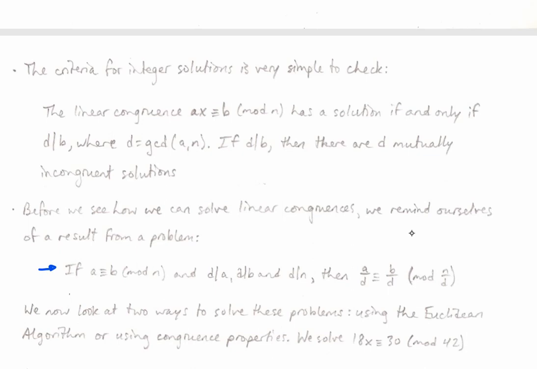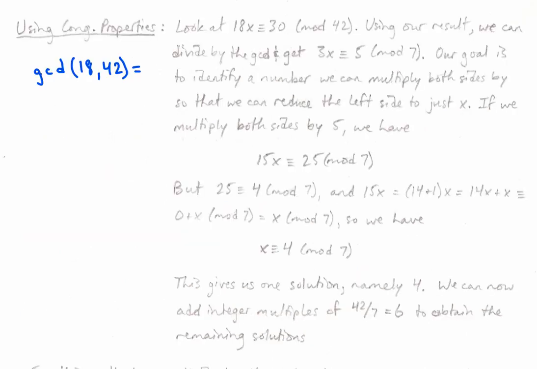Any problem that you'll see from me in this course, we can use congruence properties to solve, and it will go by a lot quicker, but you have to make sure that you follow the steps that I point out. You have to follow those very closely, because if you don't, things will get messed up, and then you will, in all likelihood, not come up with the correct answer. Okay, so this is how we're going to solve these linear congruences using congruence properties.